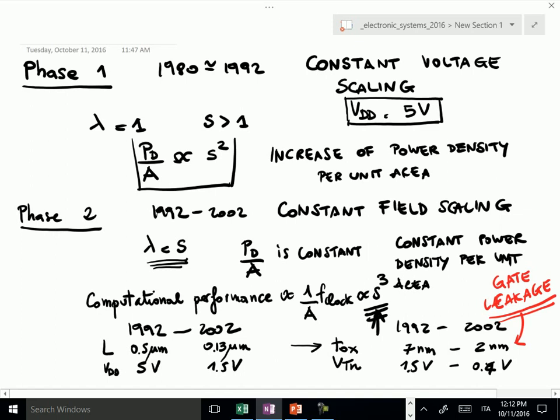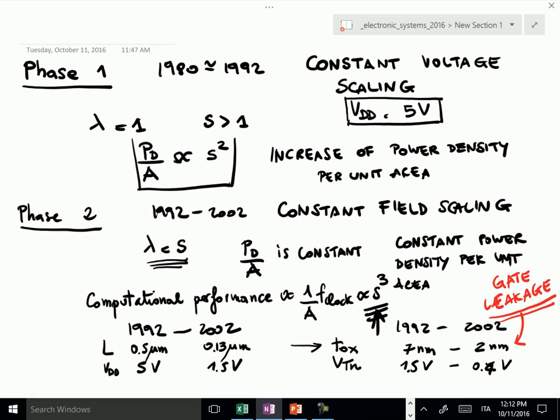So essentially we had to stop the decrease of the threshold voltage, and therefore also to almost stop the decrease of the supply voltage. So at some point, not exactly at 1.5, but at about 1 volt, the supply voltage stopped going down.